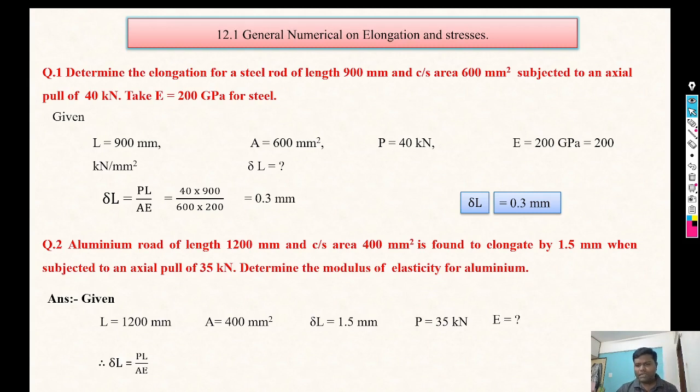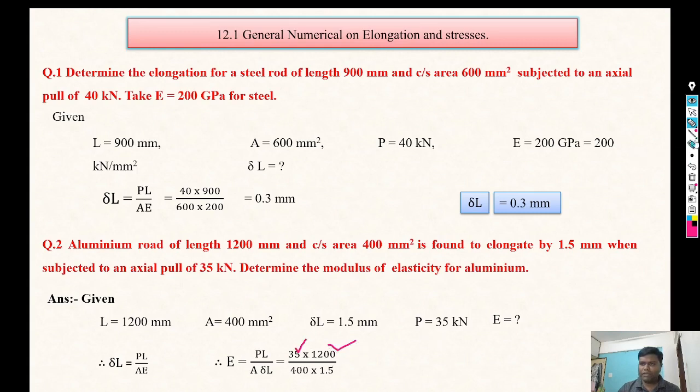So again the formula is the same, change in length equals PL by AE, but now we require E, so just change the position of delta L. So E equals PL by A into delta L, where P is 35 kilonewton, L is 1200.